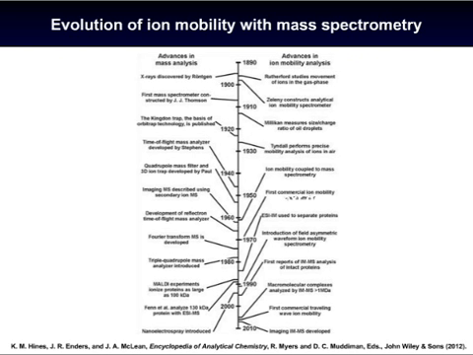Where mass spectrometry looked at the analysis of increasingly complex samples, ion mobility for a number of years was relegated to looking at fundamental reaction rates in astrophysics. Probably in the mid-1990s, we started to see the first applications of mobility for the analysis of complex mixtures like those in biology.